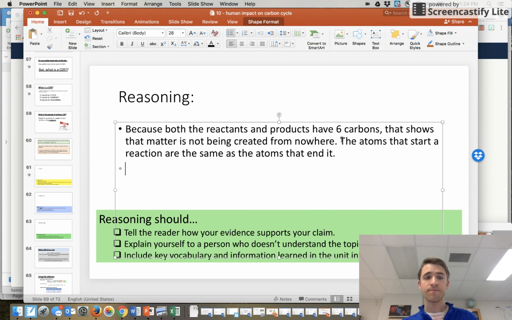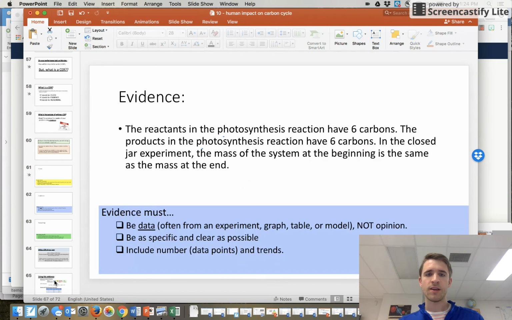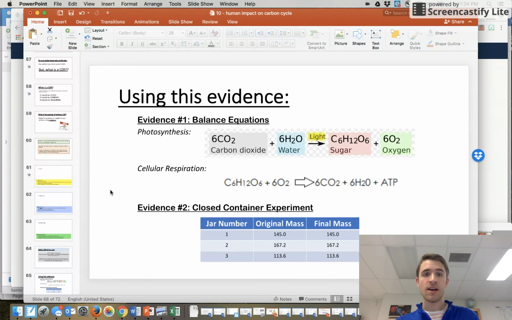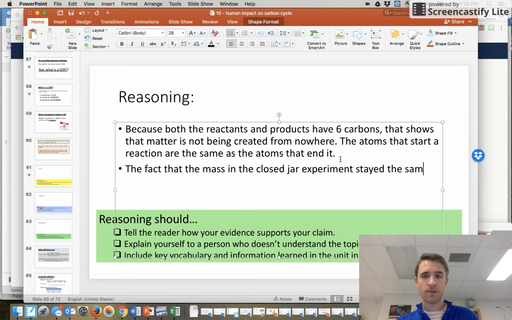Second piece of reasoning about the mass, right? We said in the closed jar experiment, the mass of the system at the beginning is the same as the mass at the end. We'd say the fact that the mass in the closed jar experiment stayed the same shows that mass or matter cannot be created.